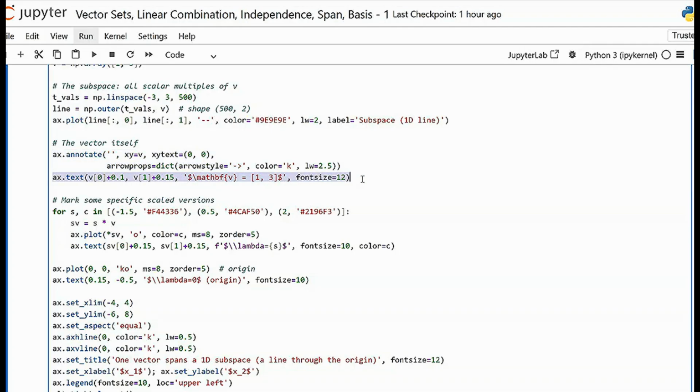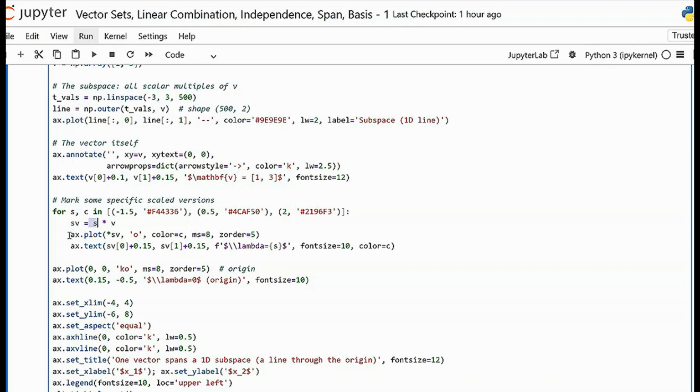Kindly observe, dear friends, here we show specific scalar values. It loops over selected scalar values, negatives, fractional values, and positives, and computes the scaled vector, which is lambda v.